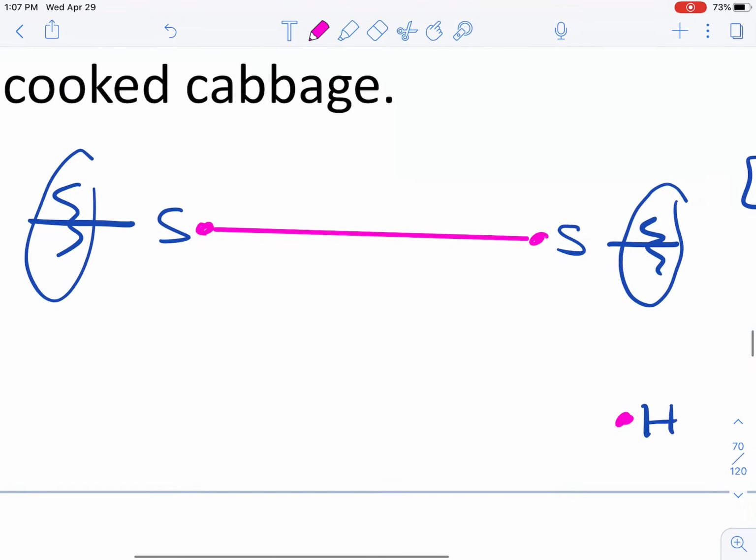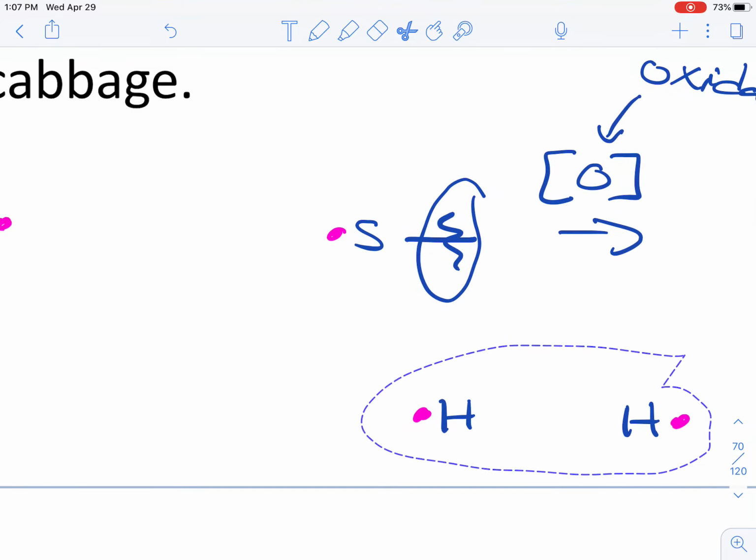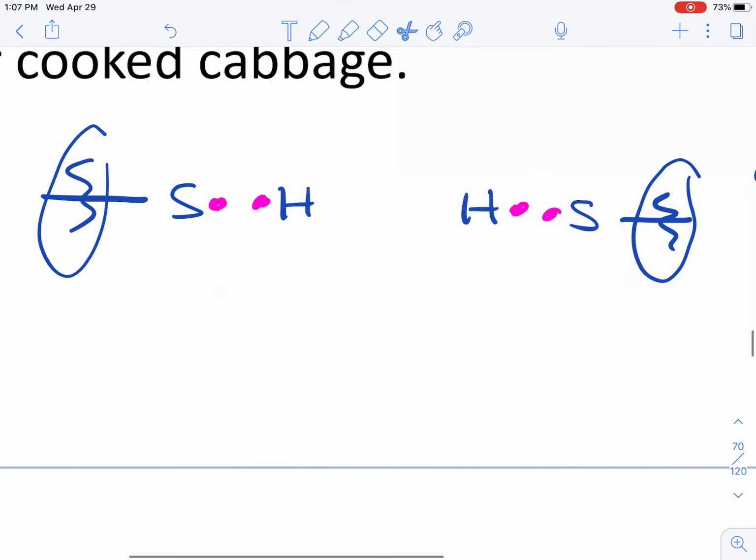Now, if you're talking about reduction, reduction is when you have these two sulfur atoms that are already covalently bonded. But what's going to happen is that some type of catalyst is going to destroy this single bond, and then it's going to add hydrogens to those sulfur atoms, and those electrons between hydrogen and sulfur will be reformed.